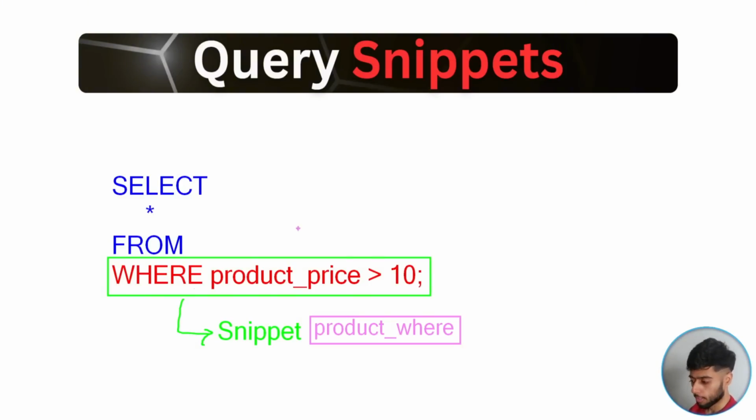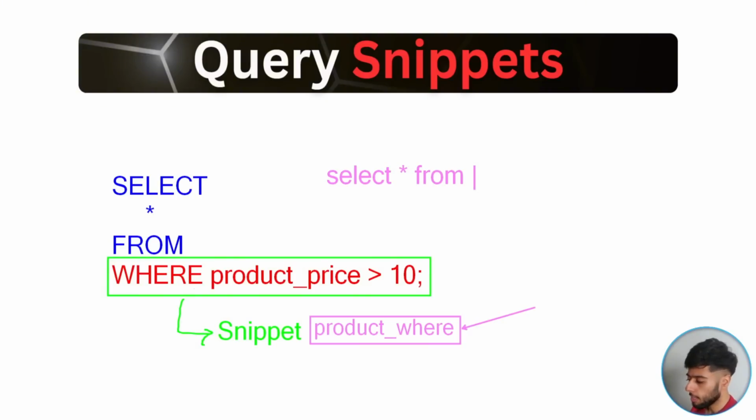So do you know what? I can save my time by creating snippets while writing SQL statements. For example, what will happen in Databricks? I will be writing something like this. Select asterisk from. Now I know that I have to write the same line again and I will just be wasting my time. You do not need to keep writing the same thing again and again.